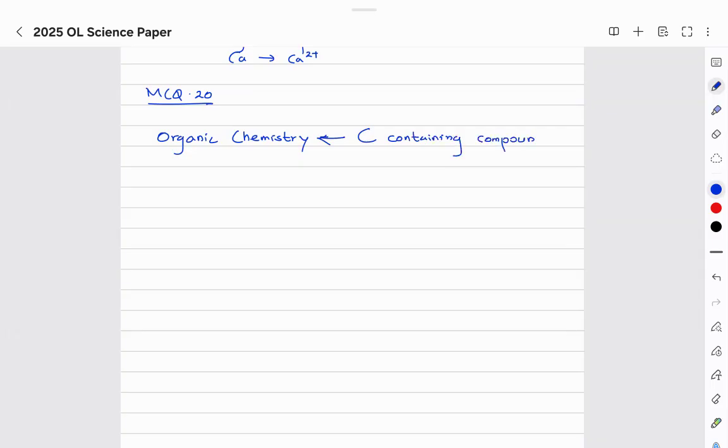Under these carbon containing compounds, we are learning something known as hydrocarbons. This is the last chemistry topic in grade 11. Hydrocarbons and their derivatives, unit number 14. I think most of you haven't learned it yet, but it's very easy.